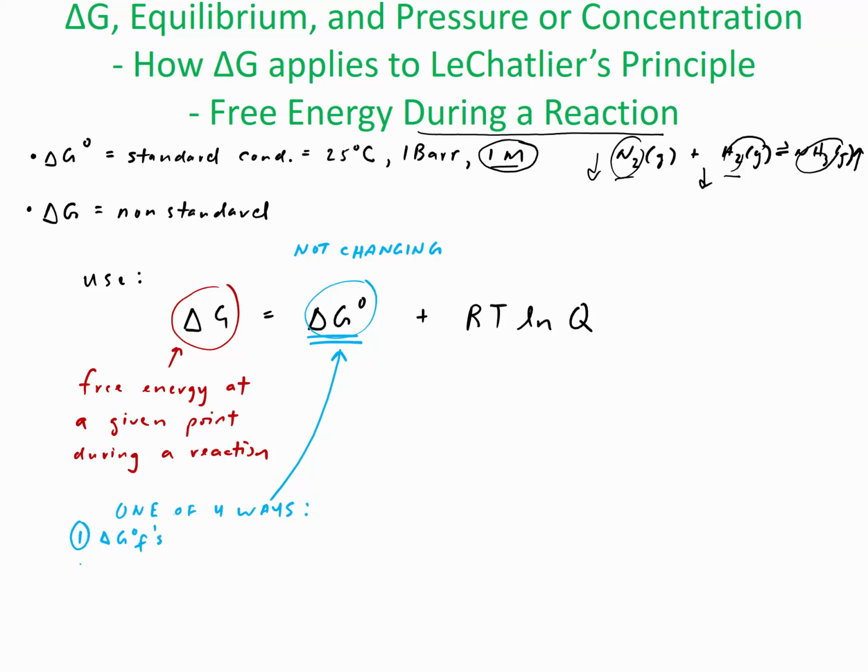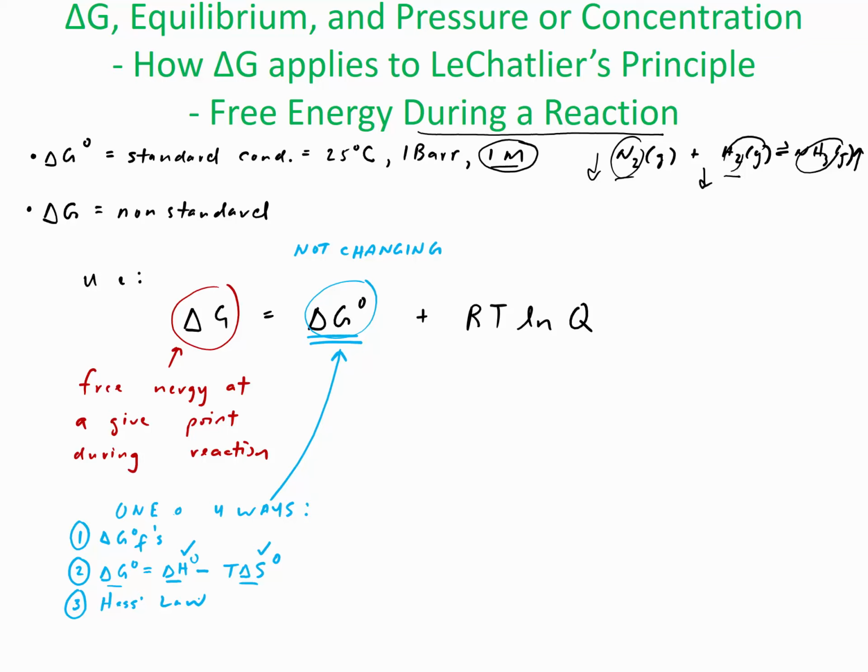Another way is to use the Gibbs free energy equation: you would need the enthalpy of formations minus T delta S standard. You would look up enthalpy data and entropy data, and then you could get delta G that way. You could also get it using Hess's law.